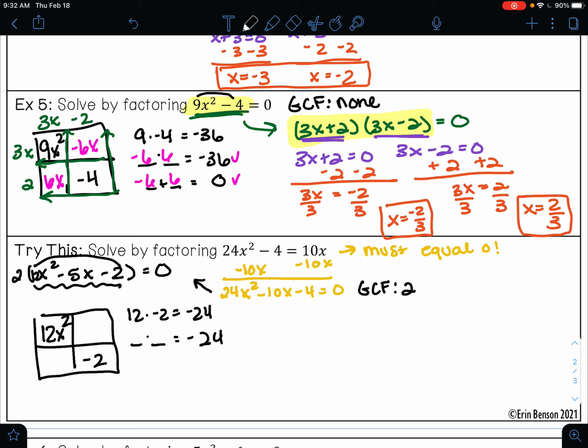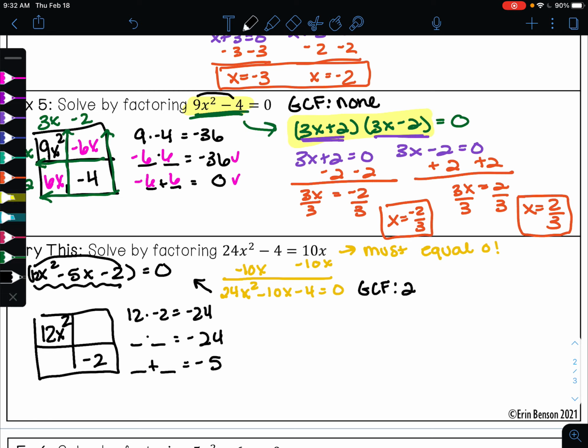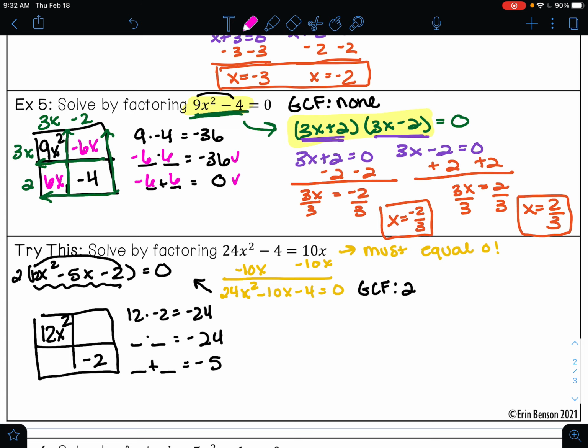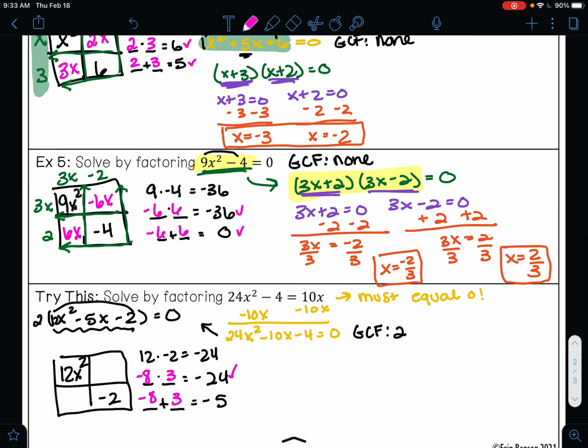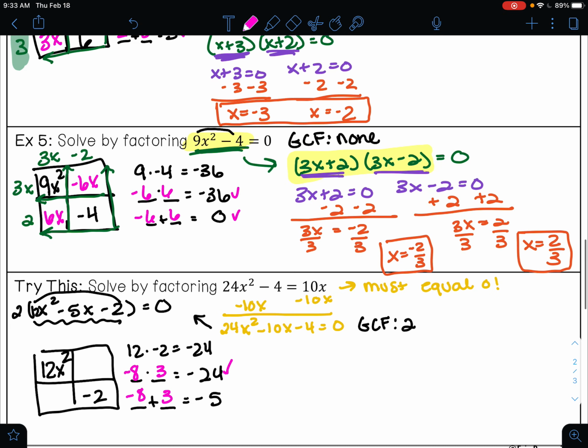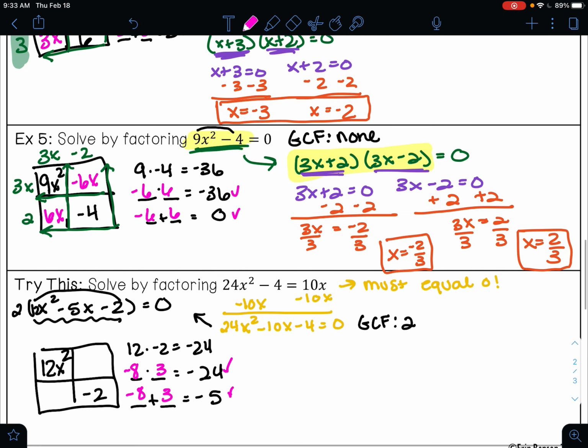So I'm looking for factors of negative 24 that add to negative 5. And those two numbers are negative 8 and positive 3. Negative 8 times 3 is negative 24. Negative 8 plus 3 is negative 5. So those are going to be the numbers that I put into my area model.